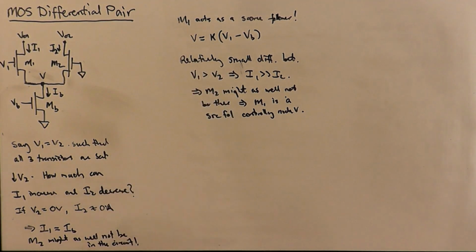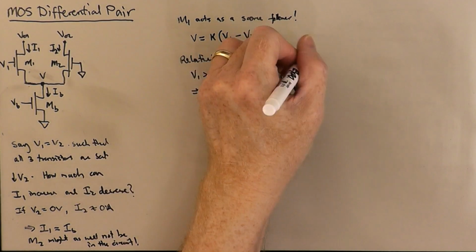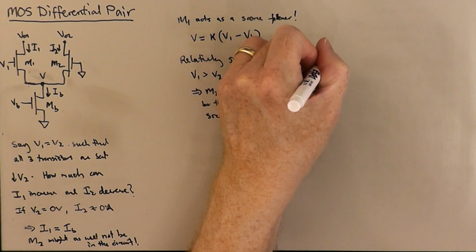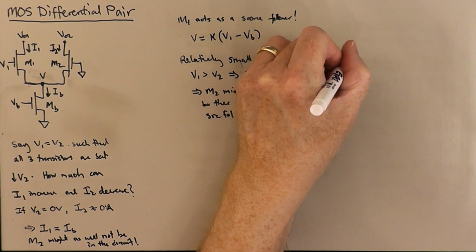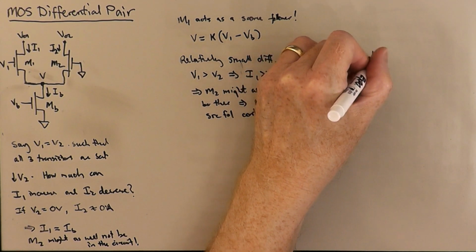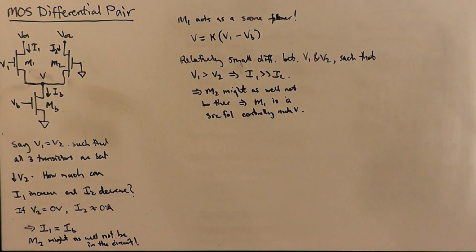So a relatively small difference between V1 and V2, such that V1 greater than V2 leads to the conclusion I1 much greater than I2, and so M2 might as well not be there, and M1 acts like a source follower controlling node V.